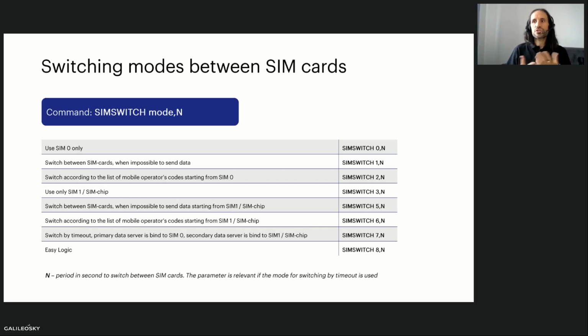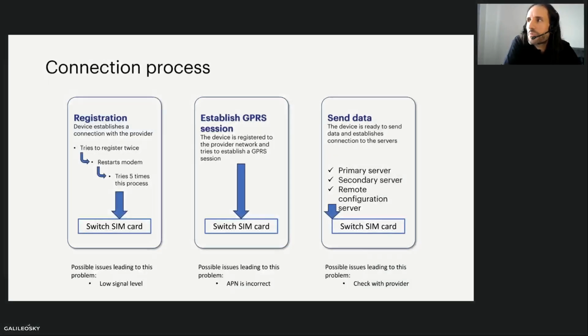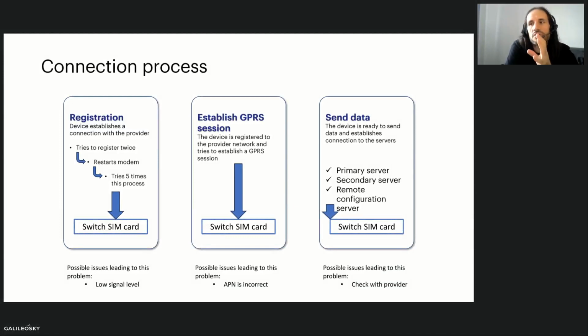But the question is how this switching mechanism works. I prepared this slide so you can understand how it works. We can divide the work of the SIM cards in 3 phases, 3 steps, let's say. The first one is the registration.